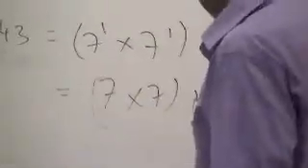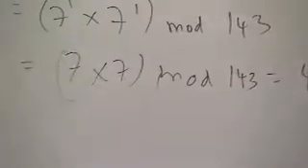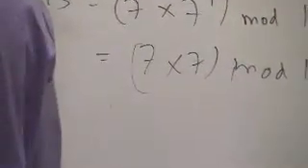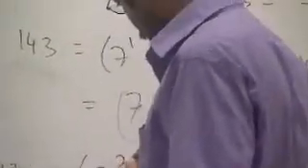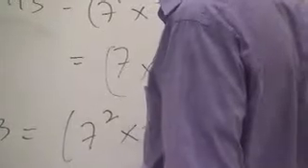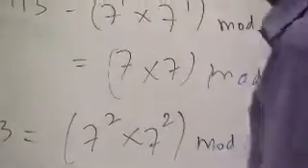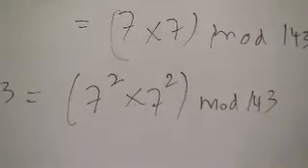It is going to be 49, less than 143. So now we want to find 7 raised to 4 mod 143. It's going to be 7 square times 7 square mod 143.